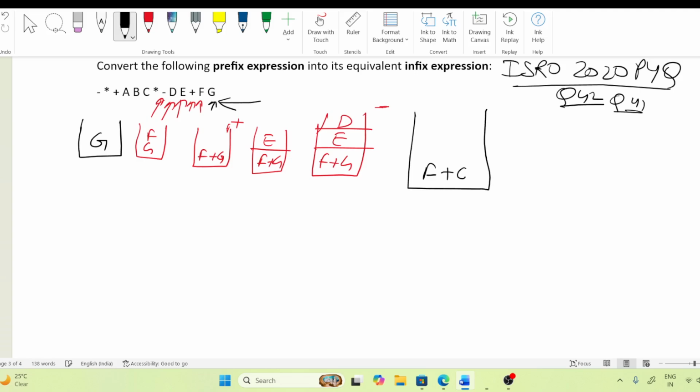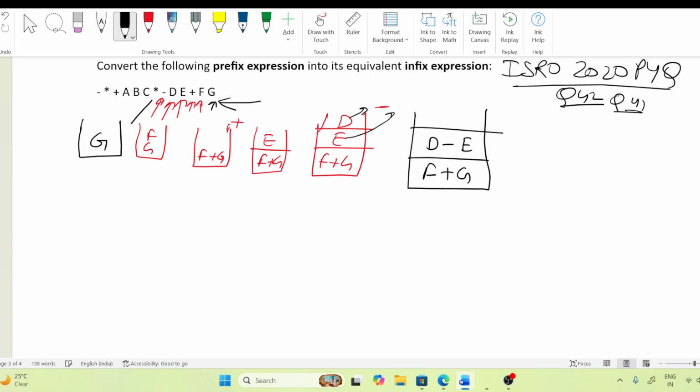F plus G, and D will come here and E will come here. E minus. So I will write E. Okay. Let's move ahead.